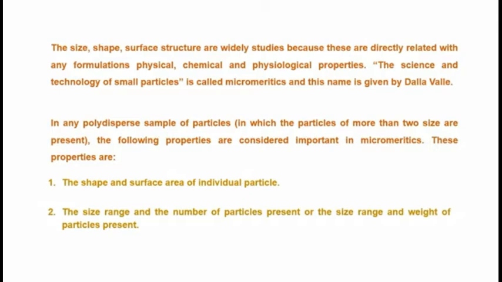First, monodispersed powder: all particles are the same size. Second, polydispersed powder: the particles are of different size. Generally, a powder sample contains a number of irregular shaped three-dimensional particles, so we generally consider the average particle size of the particles distributed in the system.